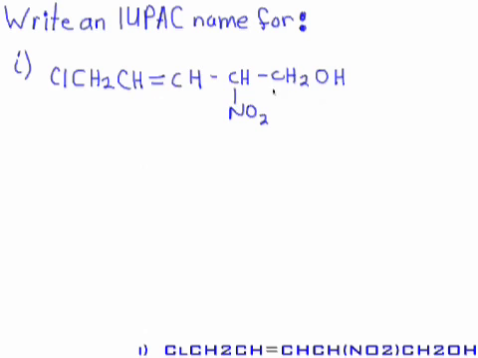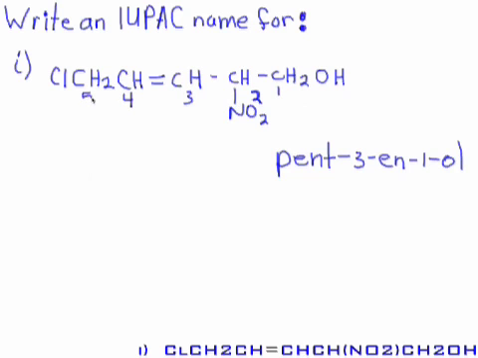Except in this case, we have at carbon 3, we have an ene. So this becomes a pent-3-ene. Because the alcohol can come at any place along the chain, you have to indicate that it's at carbon 1: pent-3-en-1-ol.